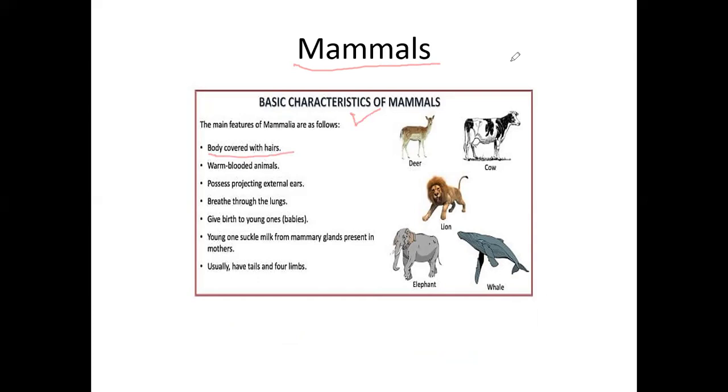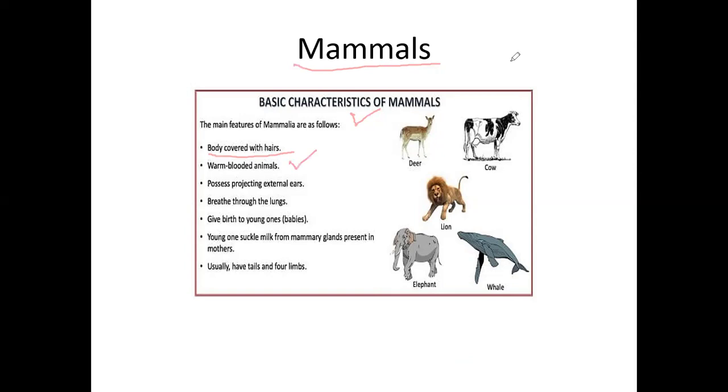They are warm-blooded animals. This means they are able to maintain their body temperature, whether there is a change in the environmental temperature, very low or very high, a mammal's body maintains its temperature.